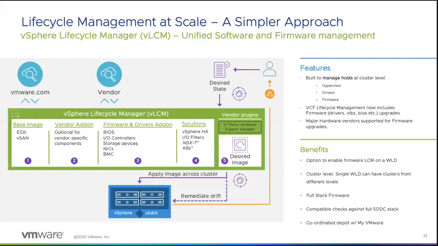So it uses a desired state model like we discussed, and it monitors the compliance drift and remediates back to the desired state. It also manages hosts at the cluster level, including your hypervisors, drivers, and firmware. And like I said, currently the two vendors are Dell and HP.